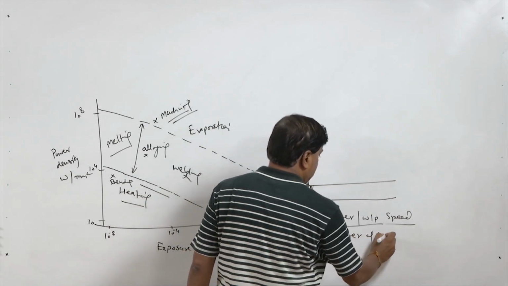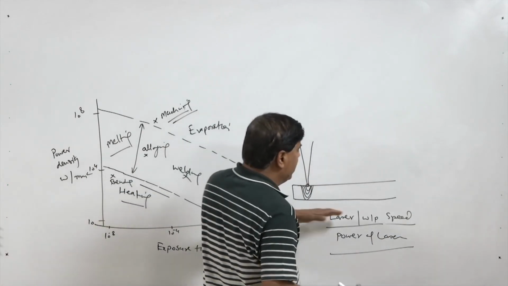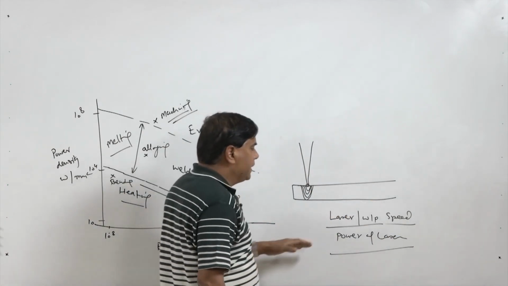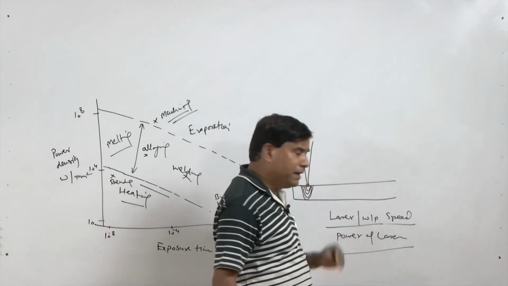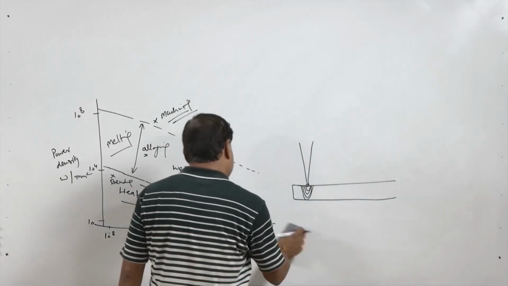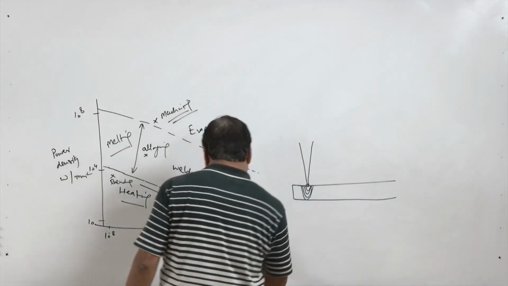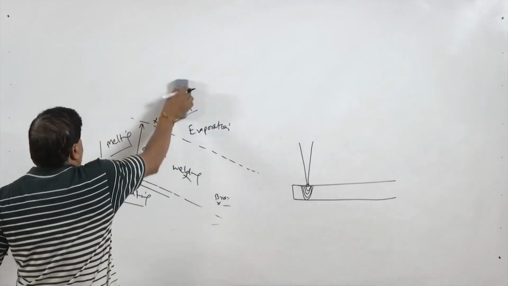Increase in power and decrease in speed will increase the energy being delivered to the workpiece, and so it will increase the depth of penetration and the size of the weld which will be made.